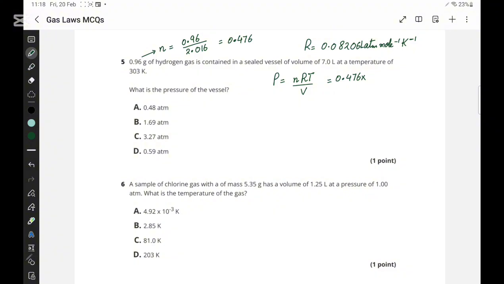Because every other thing is in this unit, so it's liter and Kelvin as well. So now we can put this value of R, 0.08206, times the temperature, that is 303, and divided by volume, which would be in liter. So our answer comes out to be 1.69 atm. So that is going to be B.